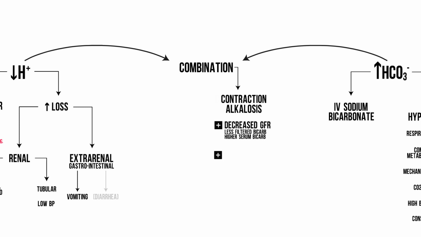Secondly, dehydration causes RAS activation, and thus an increase in angiotensin II and aldosterone. As explained before, aldosterone promotes the resorption of sodium at the expense of potassium and hydrogen. Angiotensin II causes hydrogen loss and bicarbonate reabsorption in the proximal tubule.